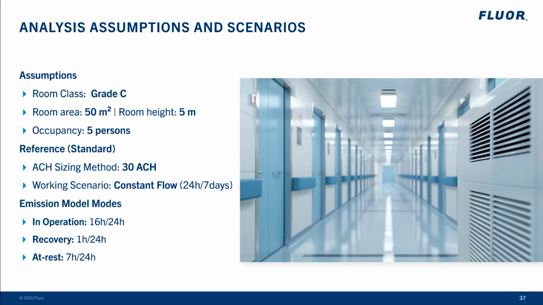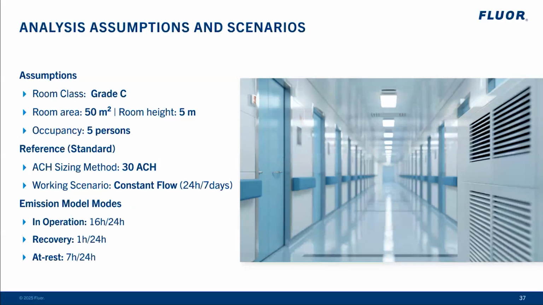Importantly, in this scenario, we assumed continuous ventilation operating at this rate and airflow 24 hours by 7 days a week. Additionally, in the emission-based model, we defined 3 operating modes: 16 hours of operational work, 1 hour in a recovery mode, 7 hours at rest.